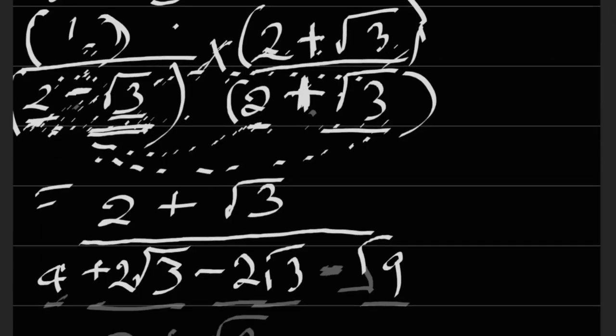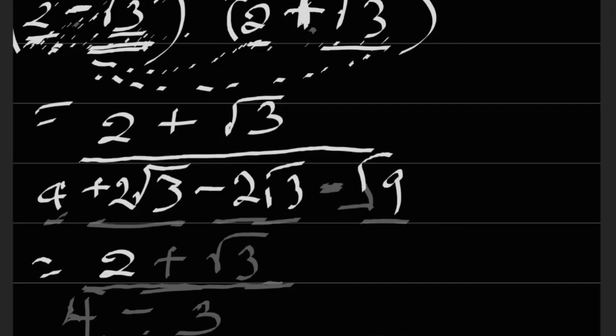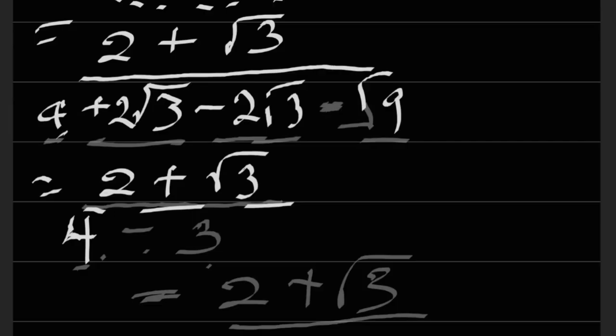Let's move on. So this will be 2 plus root 3 over, here's our 4, plus 2 root 3 minus 2 root 3 will be 0. The same number subtracting the same number is 0. So no point of writing 0.